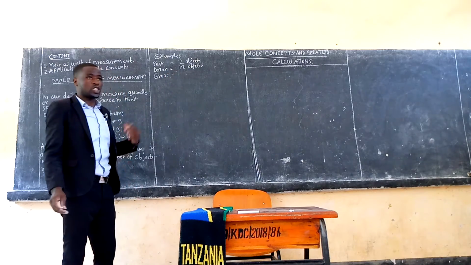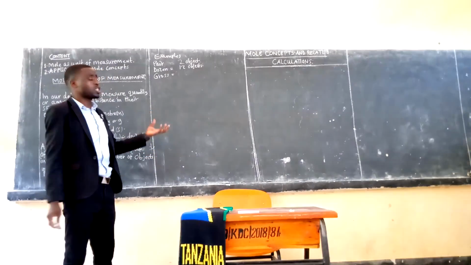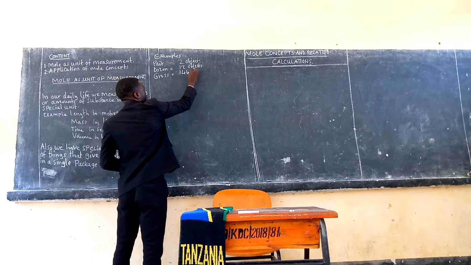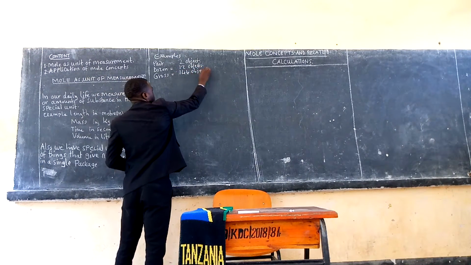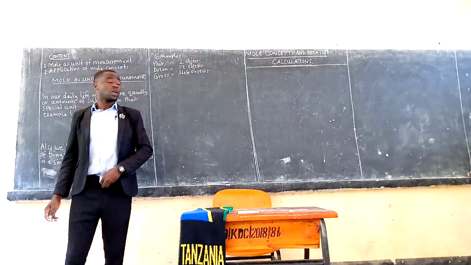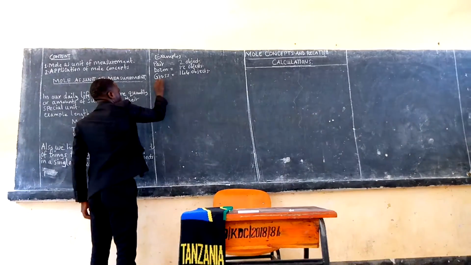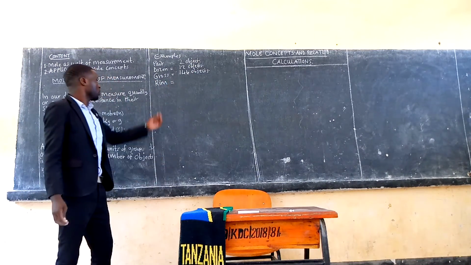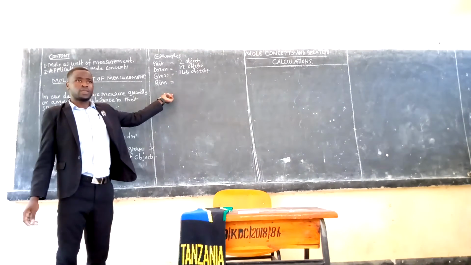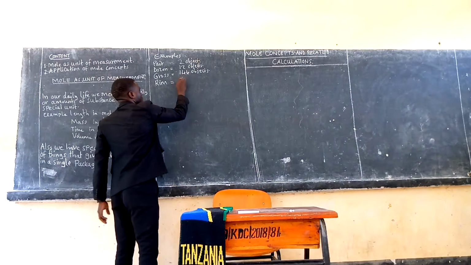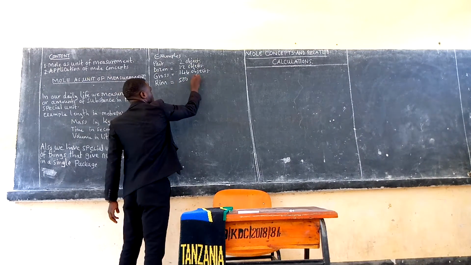A gross is a special unit in which a single package consists of 144 objects. Also we have ream. A ream is a special unit of a single package which consists of 500 objects.